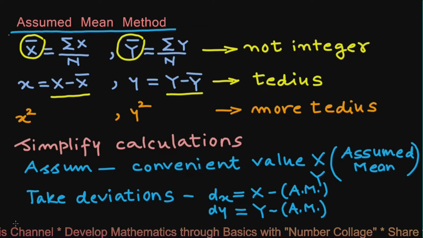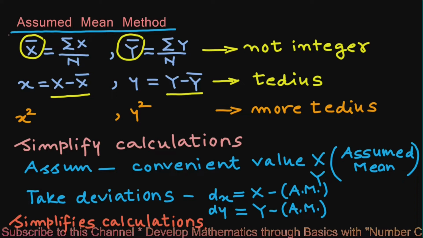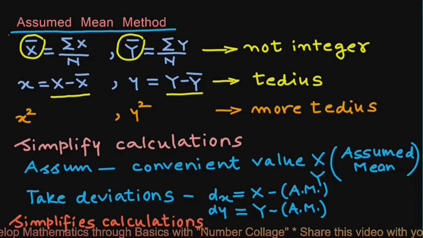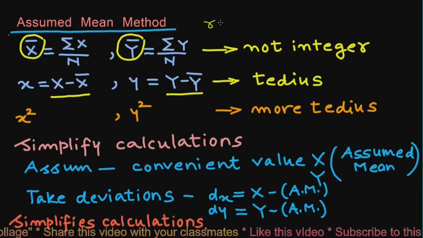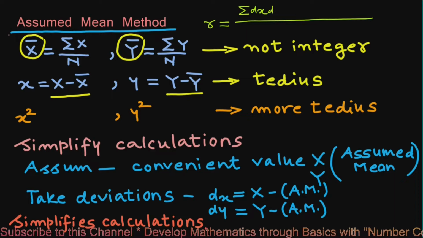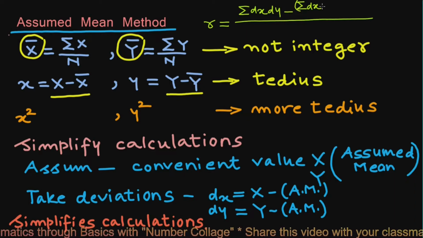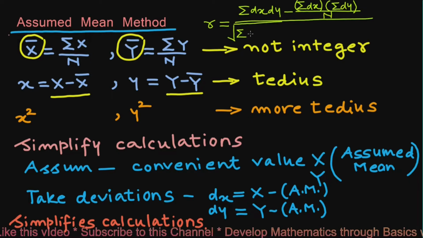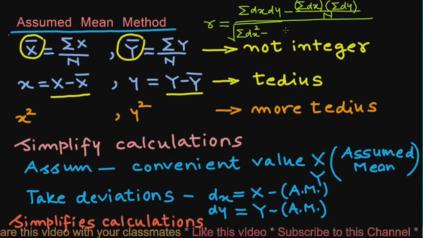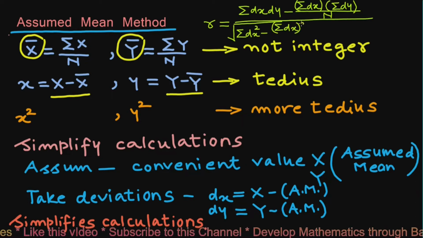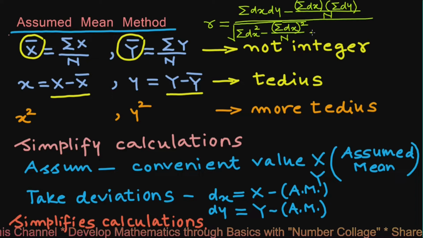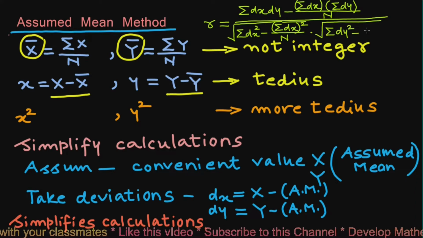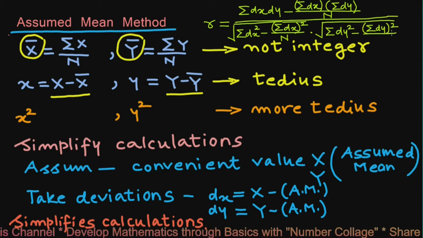This simplifies the calculations, but we need to write the revised formula for r in terms of deviations dx and dy as r equals [summation dx dy minus (summation dx into summation dy) upon n] upon square root of [summation of dx square minus (square of summation dx) upon n] multiplied by square root of [summation of dy square minus (square of summation dy) upon n].